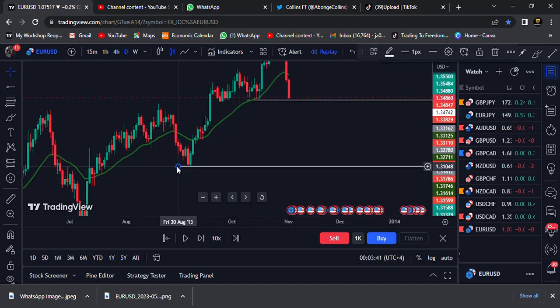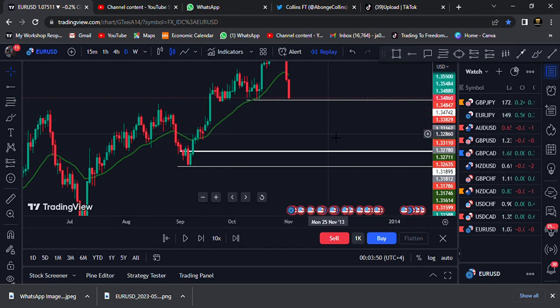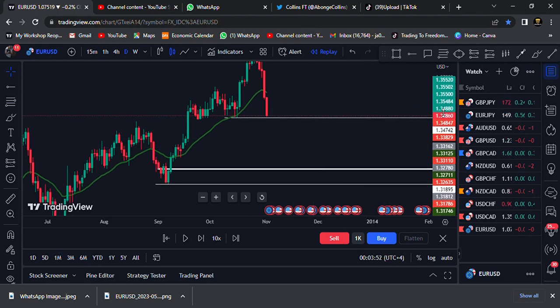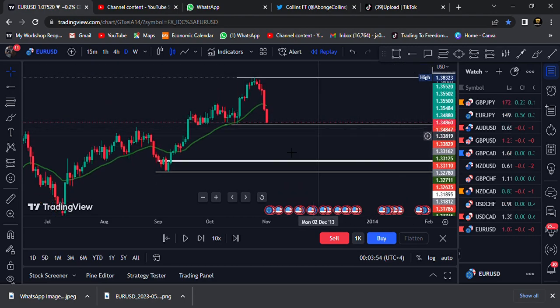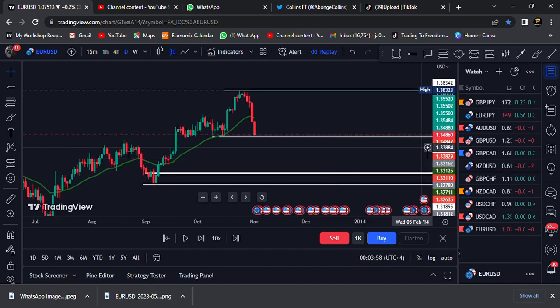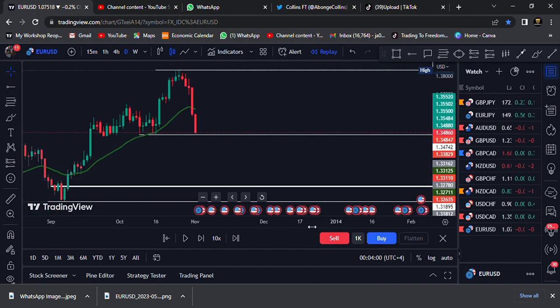The take profit is this one. I always enlarge it. It doesn't mean you just put a sell now here and then you take a profit here. It doesn't work like that. For those who've been following me, you should understand by now.